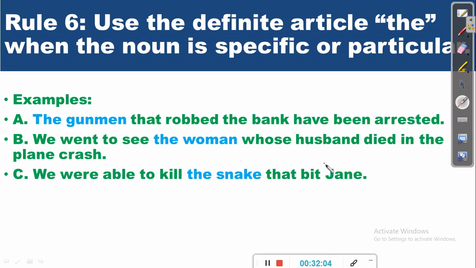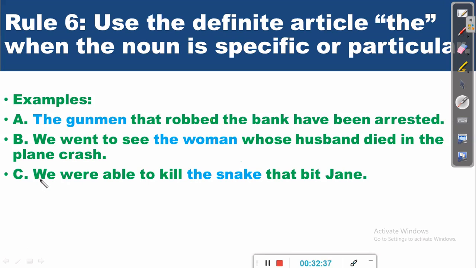Then example B, we went to see the woman whose husband died in the plane crash. So here we are talking about a particular woman, a specific woman, the one whose husband died in the plane crash. So we use the definite article when the noun is specific or particular. That is why we use the definite article, because we are talking about a definite person or a definite thing.